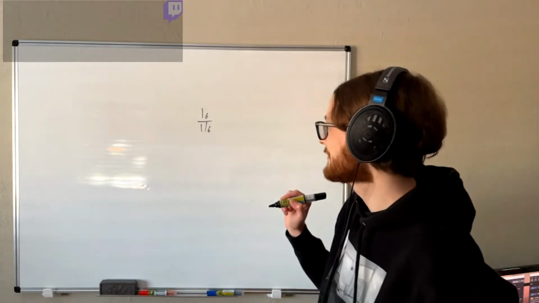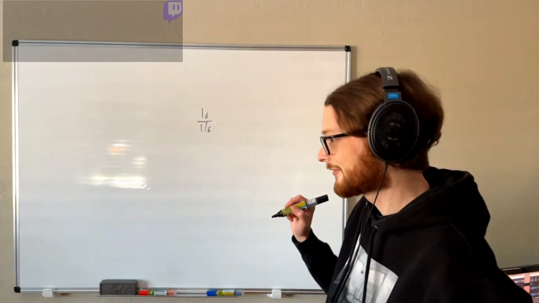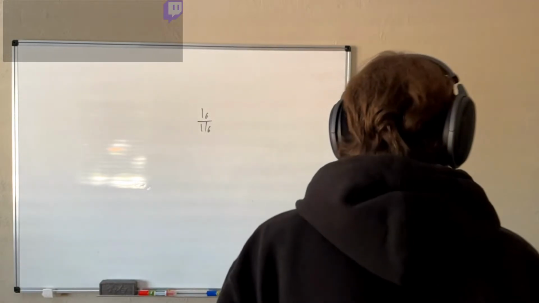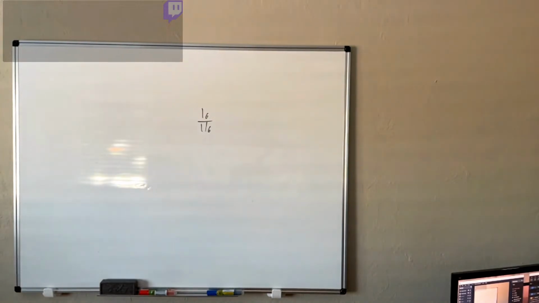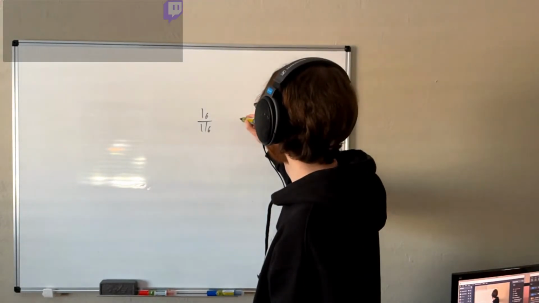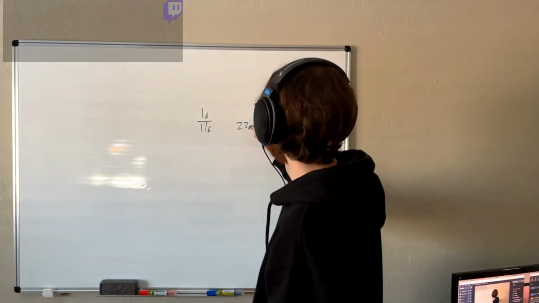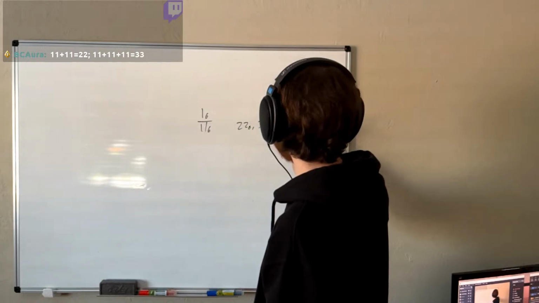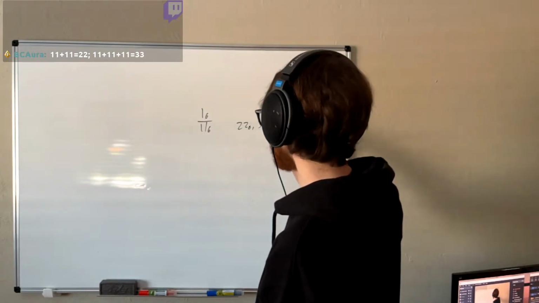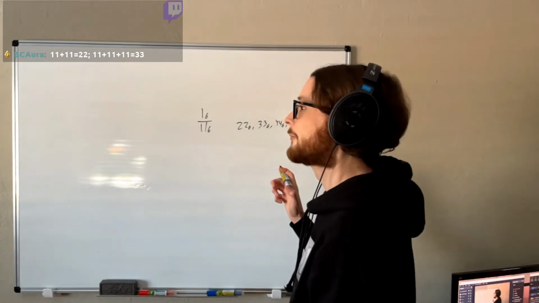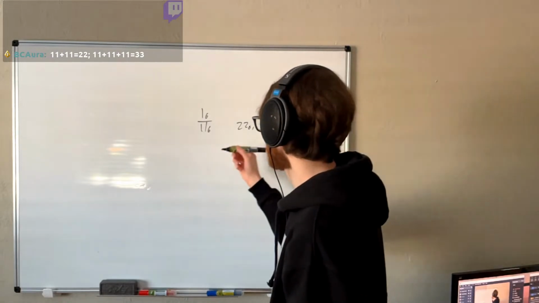So the multiples of 11 in base 6. It's still 22, 33, 44, 55, just in base 6. And then you don't go to 66, you go to 101, I think, if you wanted to go farther.